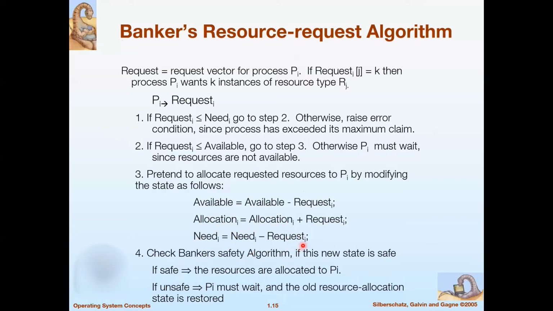So the changed data structures are Available equals Available minus Request i, Allocation i equals Allocation i plus Request i, and Need i equals Need i minus Request i. So it is a pretension, not the physical allocation. Now we have to see whether the new state that has arrived is a safe state or not.